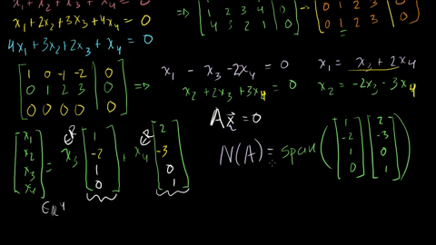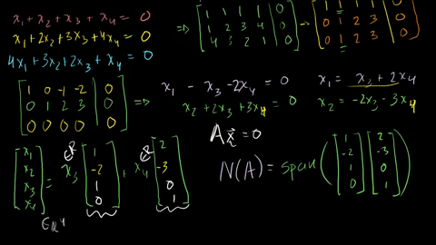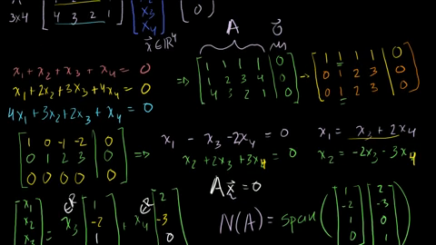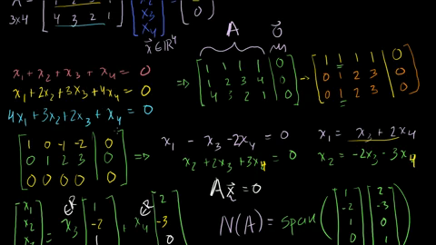And before letting it go, let me just point out one interesting thing right here. We represented our system of equations like this, and we put it into reduced row echelon form. So this is A and this is 0.